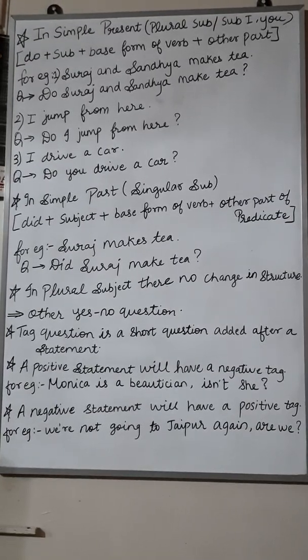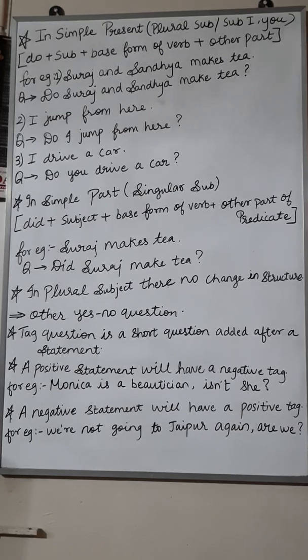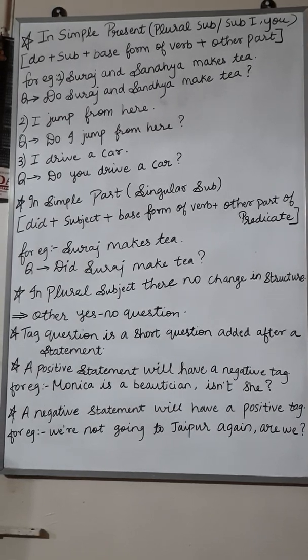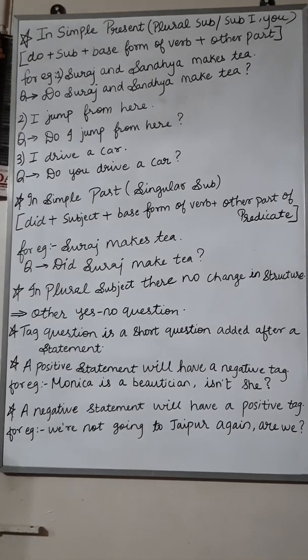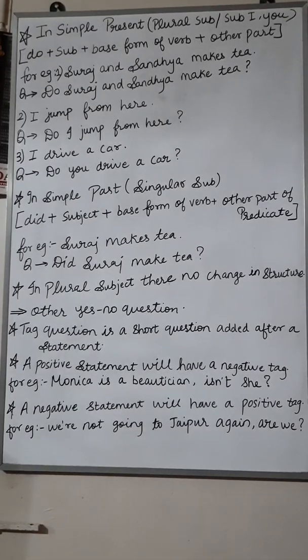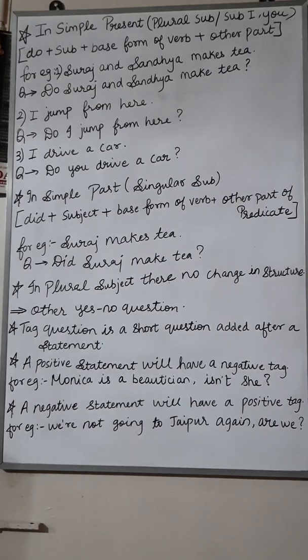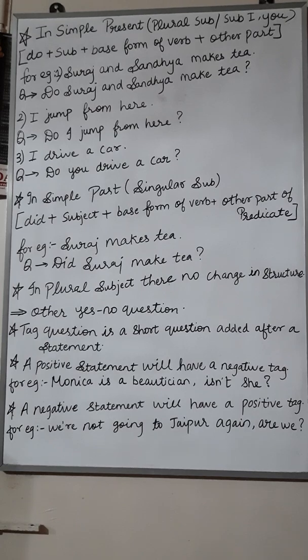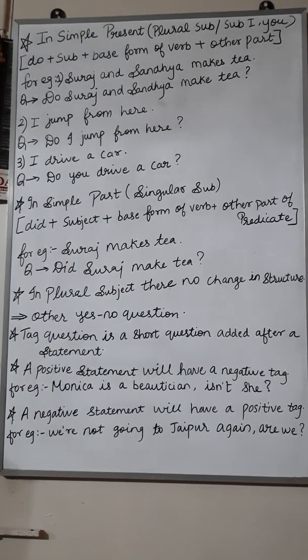Now in simple present, when the subject is plural, or when the subject is I or you, how will the sentence be written? First "do" plus subject plus base form of verb plus other part. For example, "Suraj and Sandhya make tea."